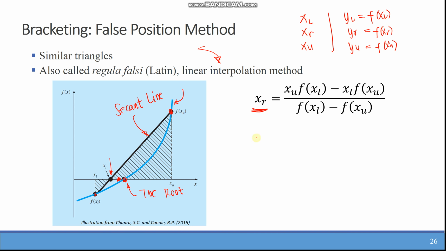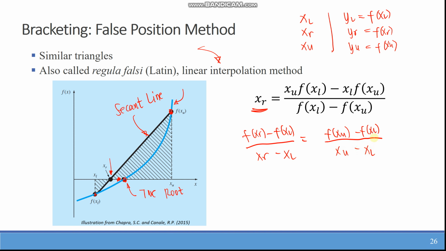Whichever way you prefer to interpolate, it can be f of xr minus f of xl all over xr minus xl is equal to f of xu minus f of xl over xu minus xl.